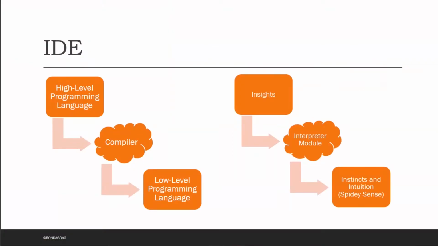Of course, in the computer world, there's an IDE where you have your higher level programming, and then you have a compiler that converts it to a low level for the computers to understand, right? In our bodies, we have insights, instincts, and intuition.